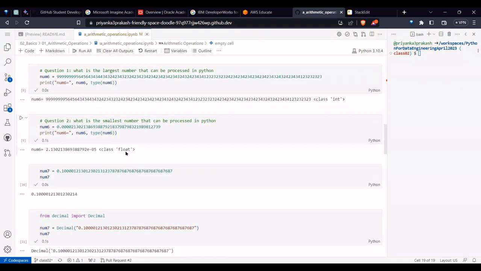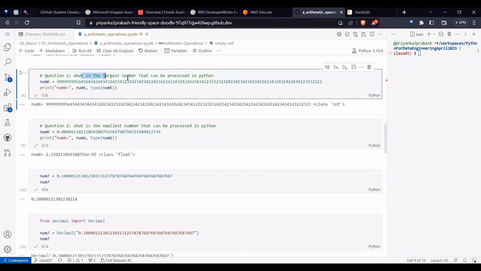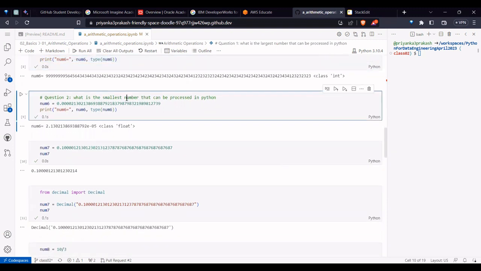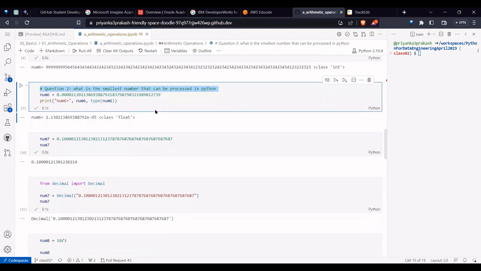Also, I told yesterday that if you want to work on the largest number, there is no particular limit on the largest number. The limit is only based on the machine. If the machine supports a larger RAM, then the heap size will be larger, and the larger the number we can store. The same thing works for smaller numbers also.